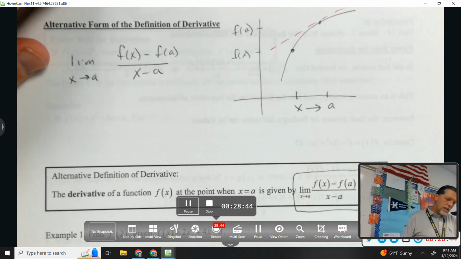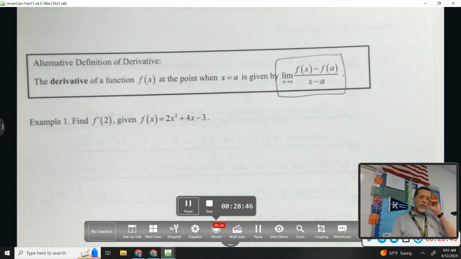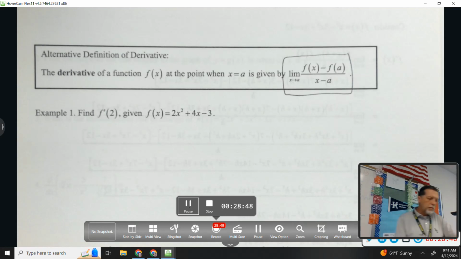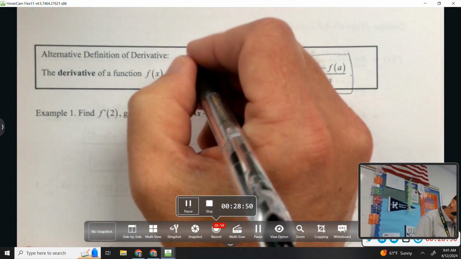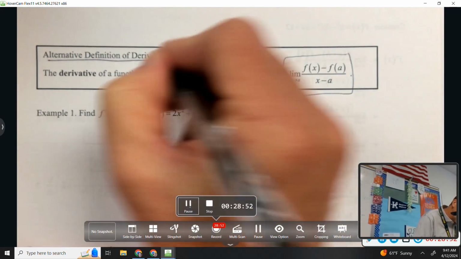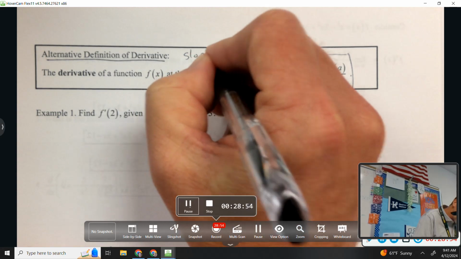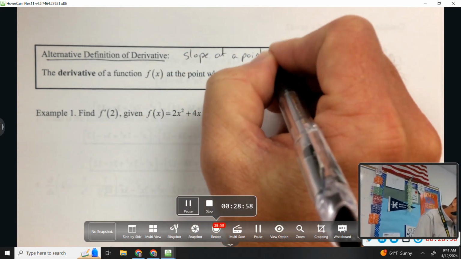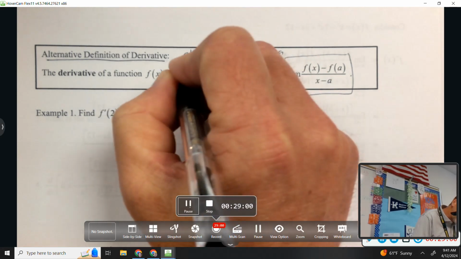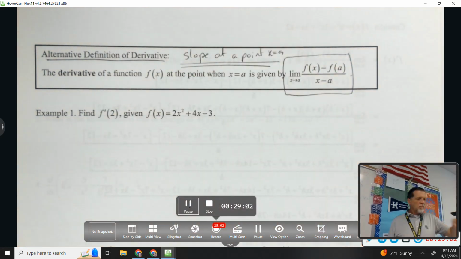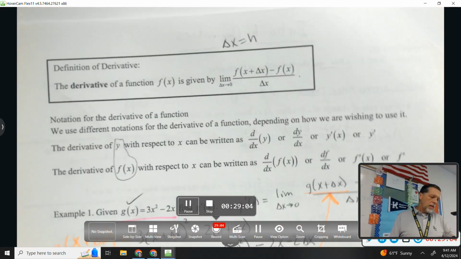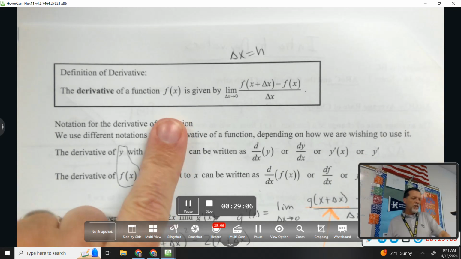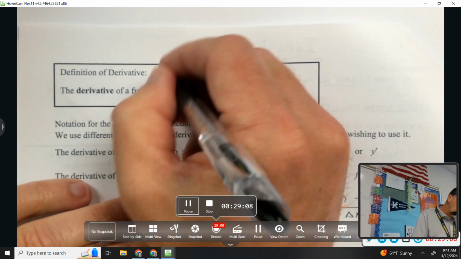The trick is the alternative form gives you the slope at a particular point, at a point x equals a. Flip back. The definition of the derivative gives you the slope at any x.